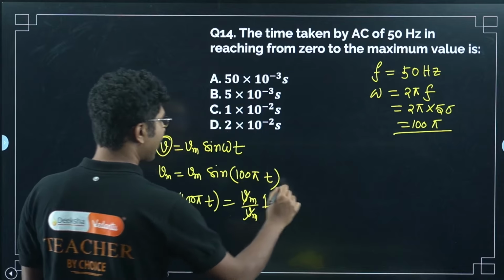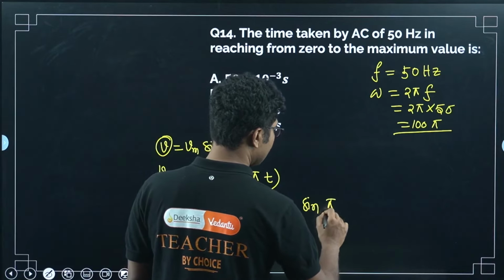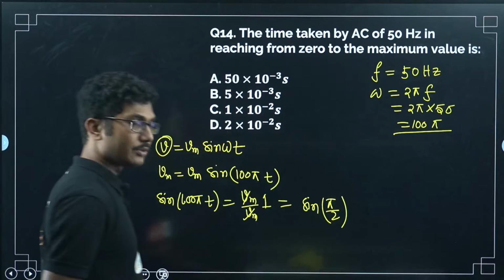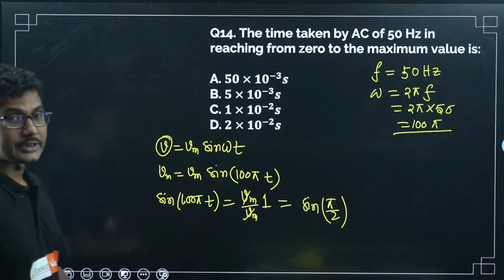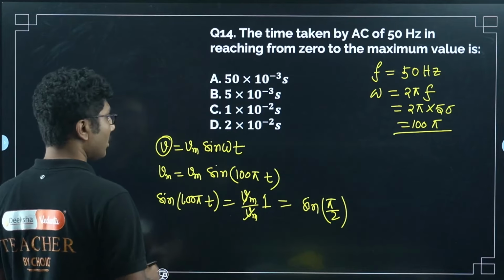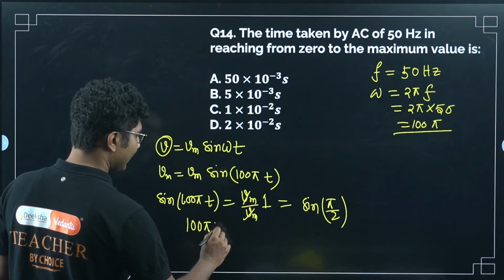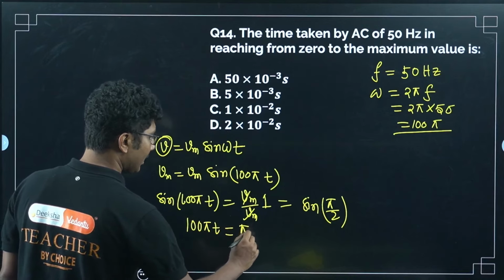Now when sin's value is 1, yes, sin pi by 2, 90 degrees, right? 90 degrees means pi by 2. Now when you are solving such kinds of problems, you have to use the radian value, not the degree value. This is one caution. So 100 pi t equals pi by 2.